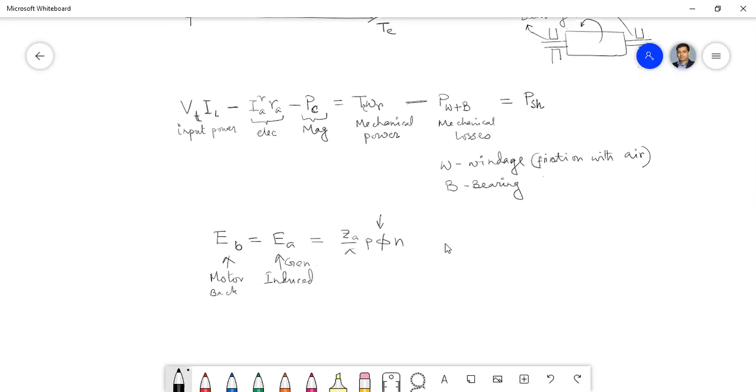We need flux and speed. You don't need the armature current, only the flux and speed. If the speed is 0 but flux is there, there will be no back EMF. If the speed is there but no flux, there will be no back EMF.